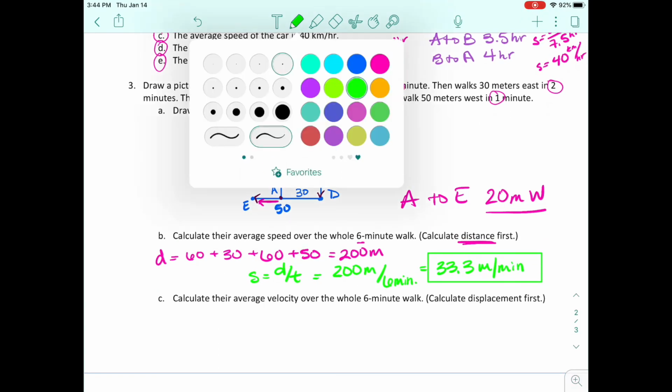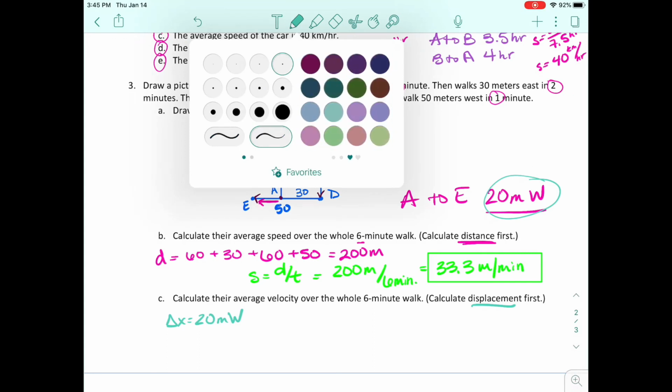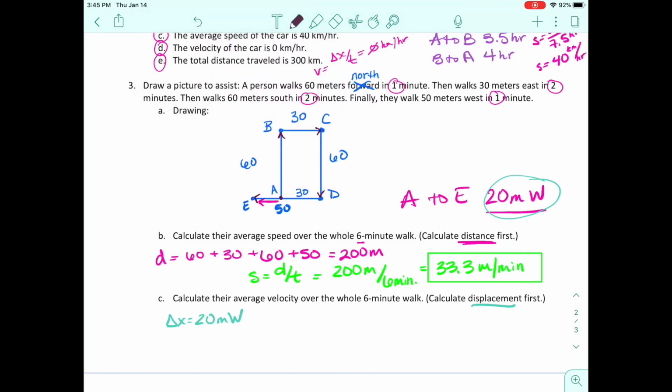And C says calculate the average velocity. So velocity, we need to get the displacement first. And so that's going to be up here what we figured out from A to E. Remember, displacement is how far away is your starting point to your stopping point. We only care about where we started and where we ended. So our displacement is 20 meters west. That's our displacement. So then we can calculate our velocity.